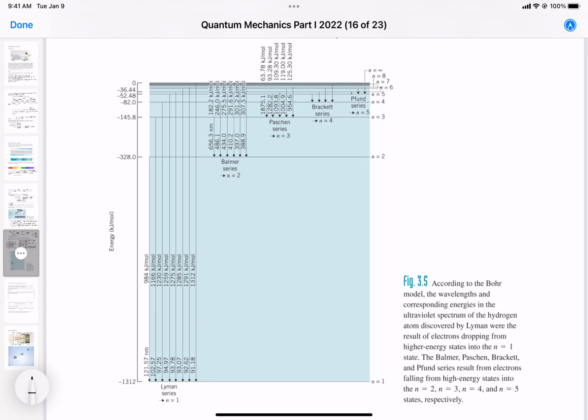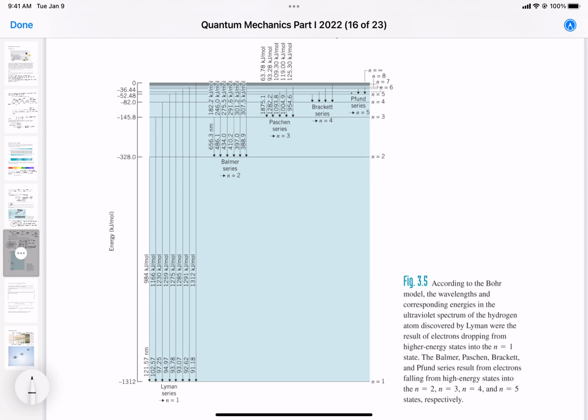And you see the trend here that the first transition is the highest in energy, because the difference between energy is highest between the first and second energy levels. That's because it takes a lot more energy to remove an electron or promote an electron from its ground state, because that's where it's closest to the nucleus. So the force of attraction between the protons and electrons is going to be the strongest there.